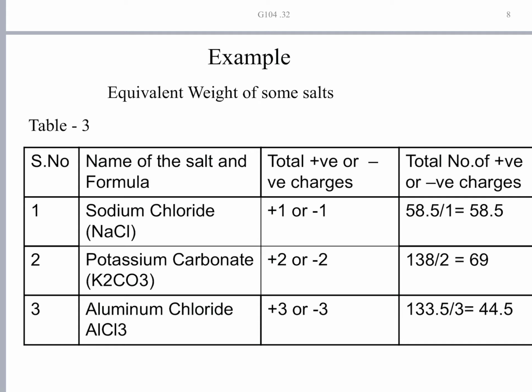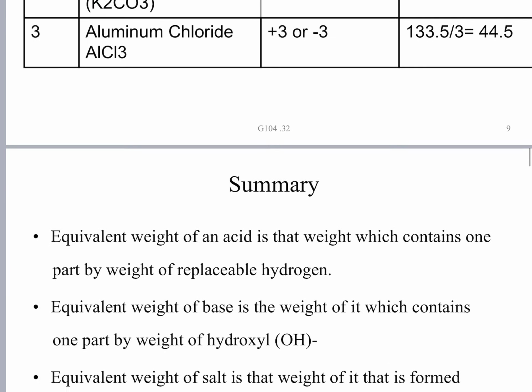We have defined the equivalent weight of acids, bases and salts, and also we have learned how to calculate the equivalent weight of acids, bases and salts. We have seen examples. Now you must have become perfect and you will be able to calculate the equivalent weight of any given substance, salt or acid or base. Summary.